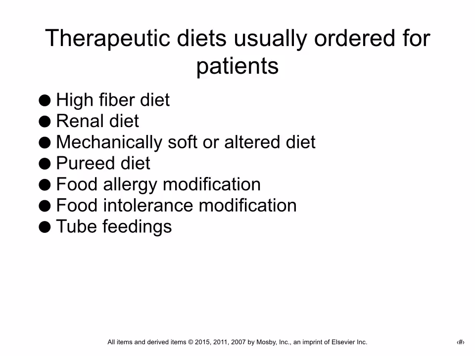So in a mechanically soft diet, a regular diet's consistency is changed to a softer texture, and it includes chopped or ground meats as well as chopped or ground raw fruits and vegetables.